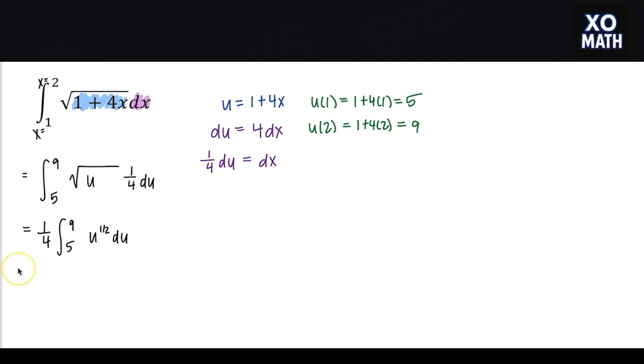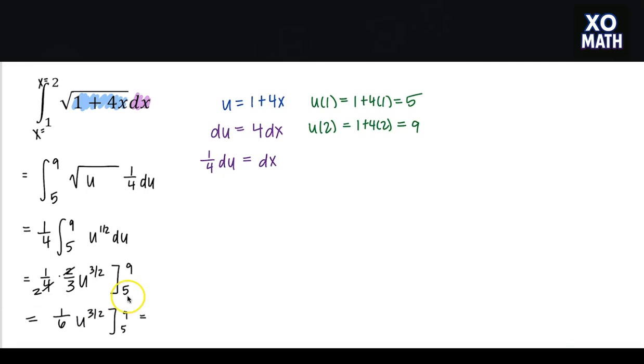So the antiderivative of u to the 1/2 is u to the 3/2 times 2/3, and this is evaluated from 5 to 9. Let's clean this up here. So 2 will divide evenly into 4 2 times, so I'm left with 1/6 u to the 3/2 evaluated from 5 to 9.